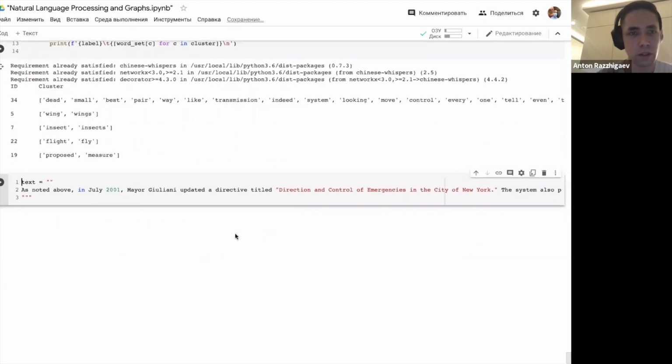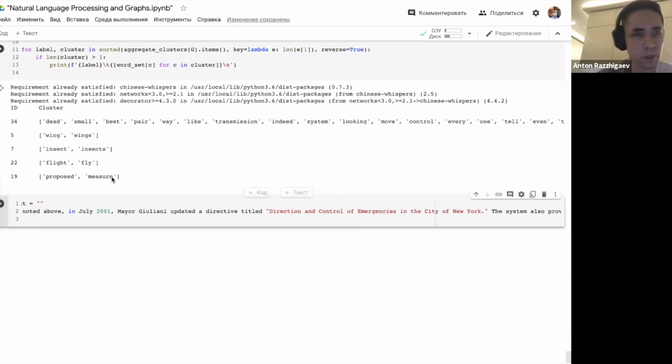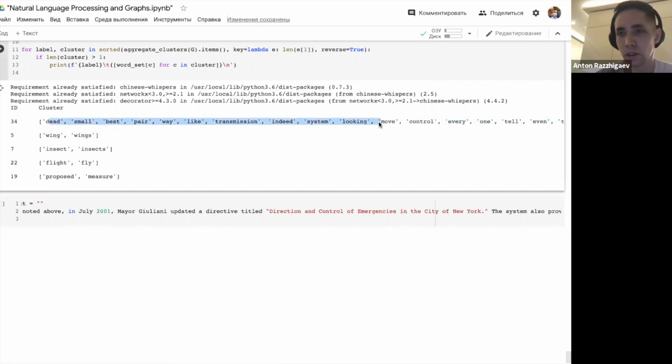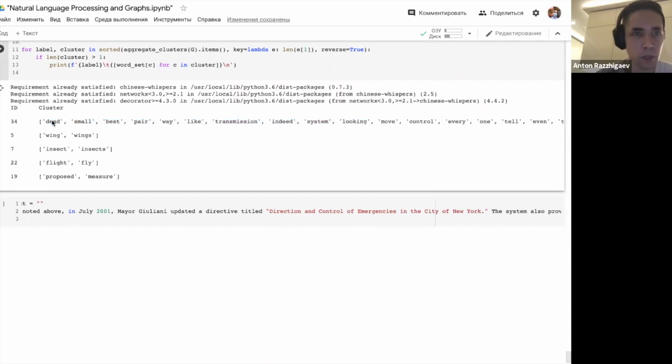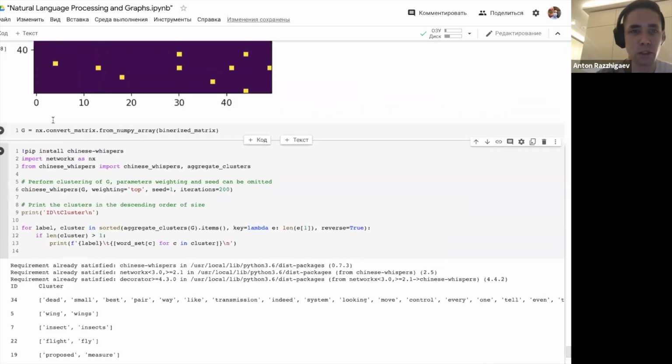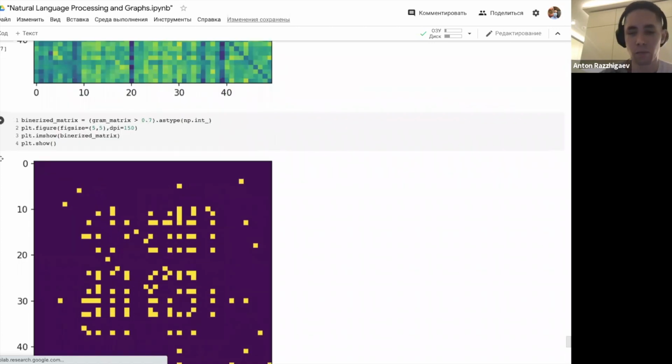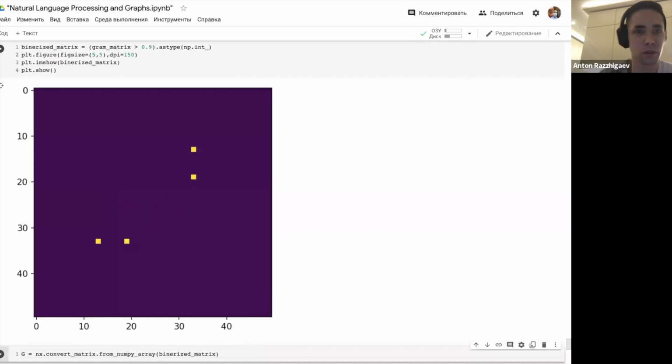So here is the clusterization. Proposed, measure, fly, insects, wings, and one huge cluster. It doesn't look very reasonable, but maybe we should tune some hyperparameters, like the binarization parameter.